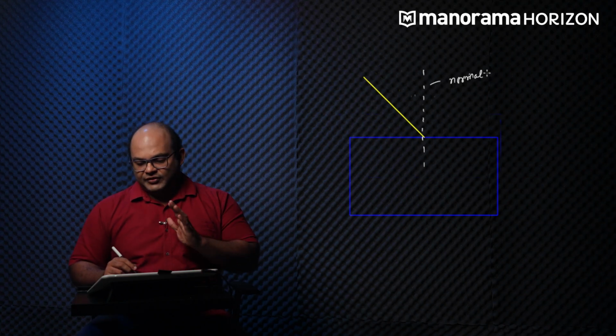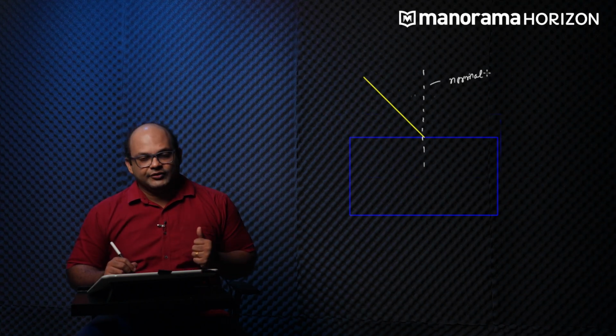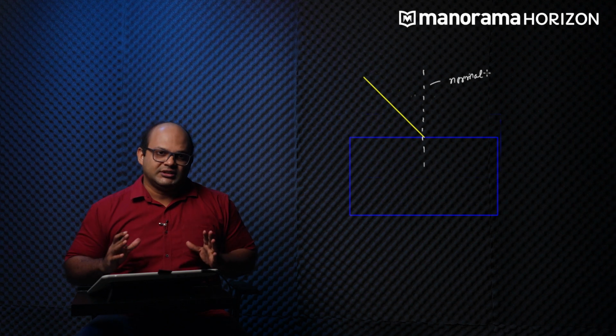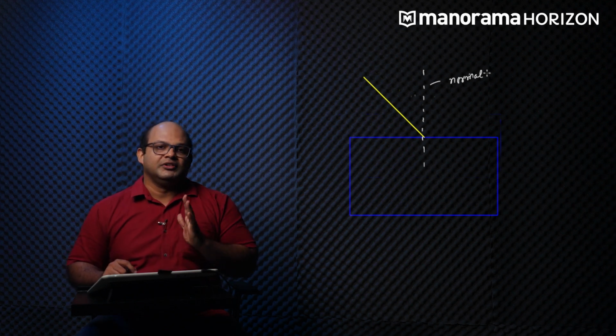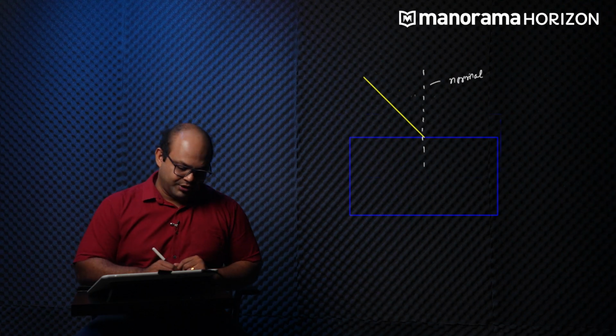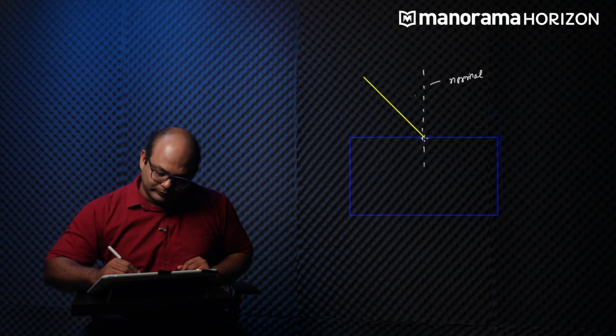Now, the ray of light that is hitting this point on the glass can do many things. If this is a very smooth polished surface, even though we are dealing with a transparent material, some portion of this ray will be reflected. So here we have a reflected ray.